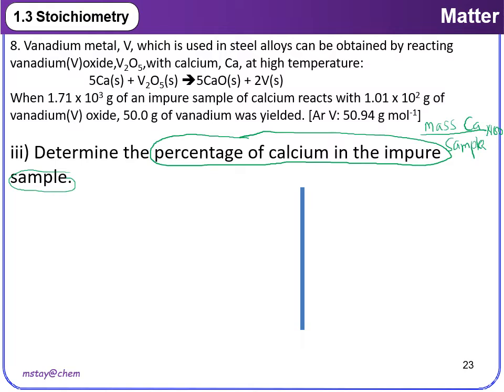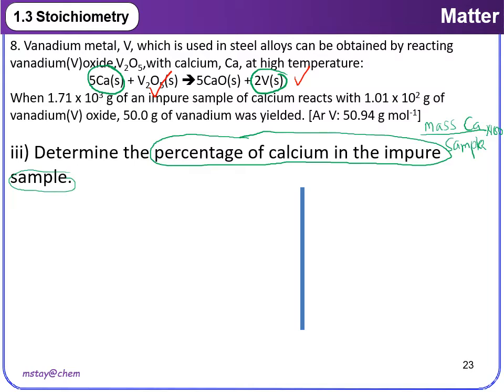Okay, so in this case, we are going to compare vanadium with calcium. Or we also can compare vanadium with vanadium 5 oxide. Okay, let's check out vanadium with calcium first.